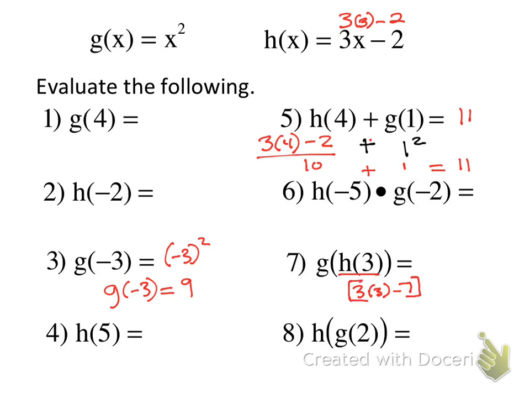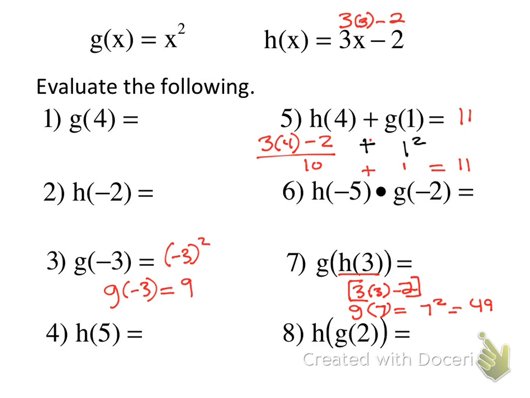And then the outside, the g, I'm going to end up squaring that, right? So what does that equal to? 7. So 9 minus 2, oh, that's supposed to be a 2. Yeah, it's 7. And then I'm doing the g of 7, which is 7 squared. So what does that equal to? 49. So do you understand how we work inside out?